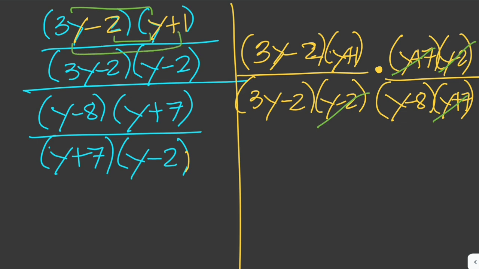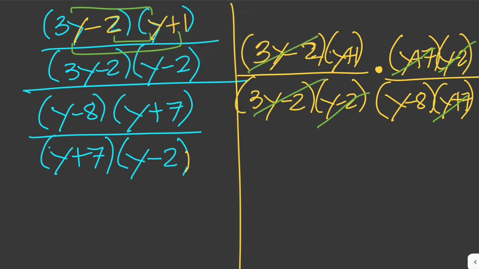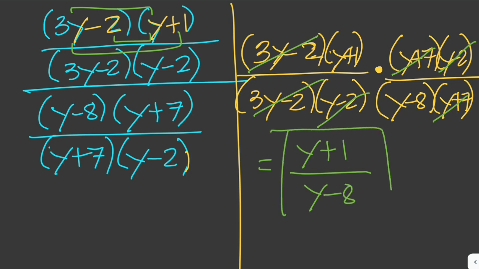So that would be 1y and then minus 2. All right. And then we can cancel out 3y minus 2 also. Then we are left with y plus 1 over y minus 8. So this is our final answer.